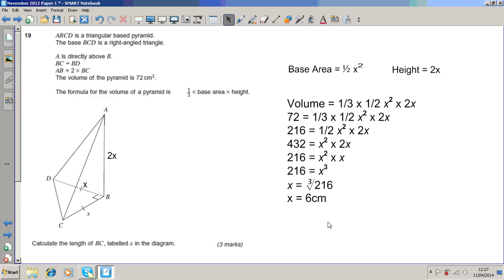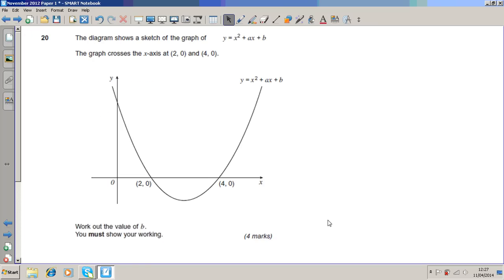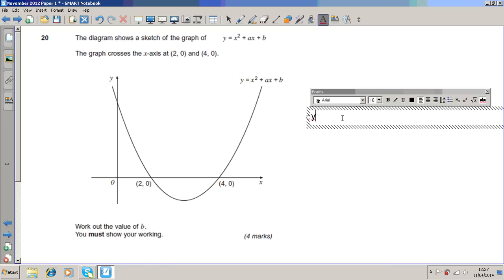Hopefully that follows. Last one then. The diagram shows a sketch of that. The graph crosses the axis at 2, 0 and 4, 0. Work out the value of b. Well, I'm going to work out the value of the whole thing.